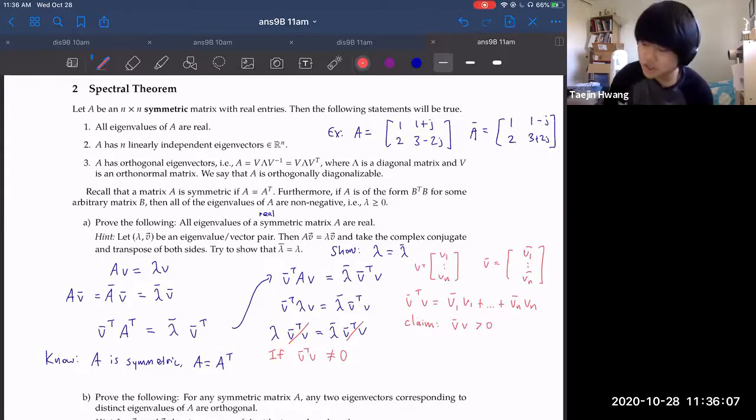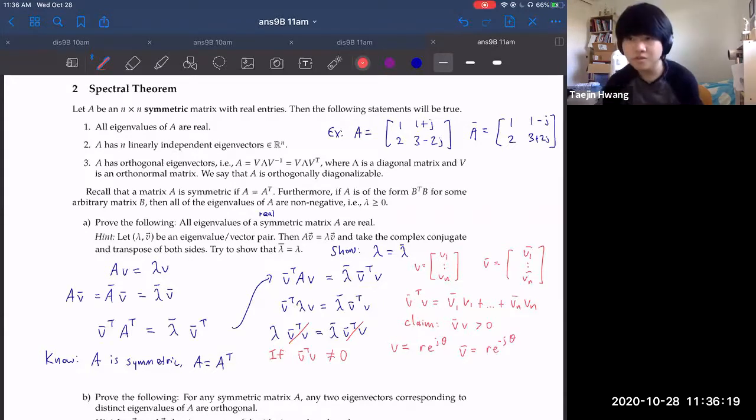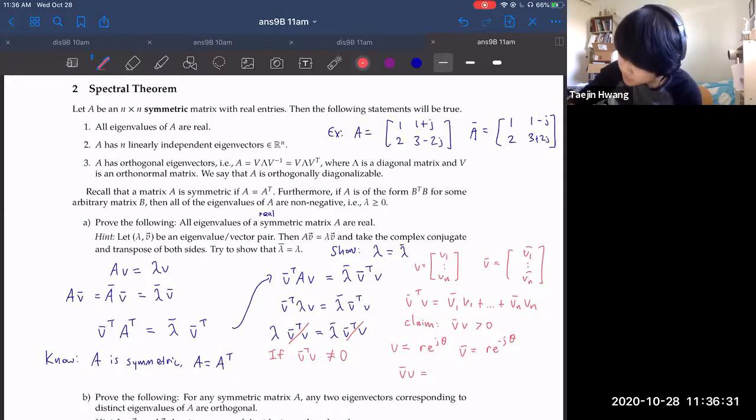And it's greater than 0 because if you can write out v as a complex number, r e to the j theta, then v bar is going to be equal to r e to the minus j theta, where r is the magnitude, theta is the phase. This is just like the polar form of the complex number v. And this tells us that v bar v, either way, is just going to be r squared.